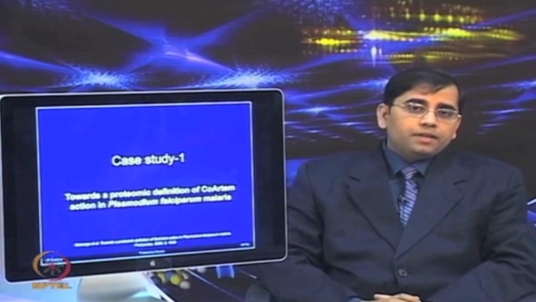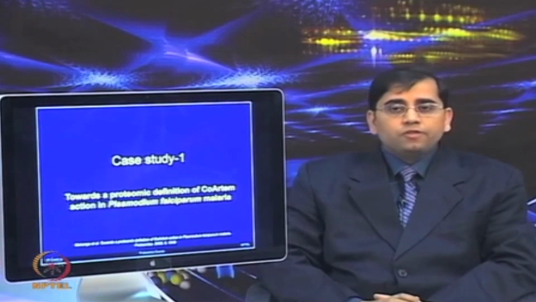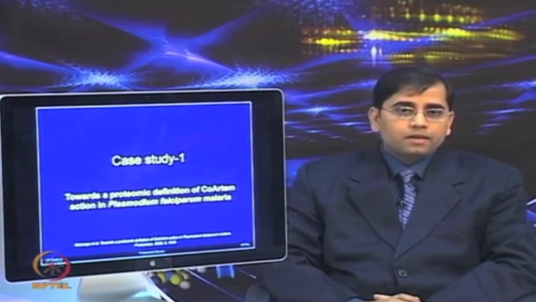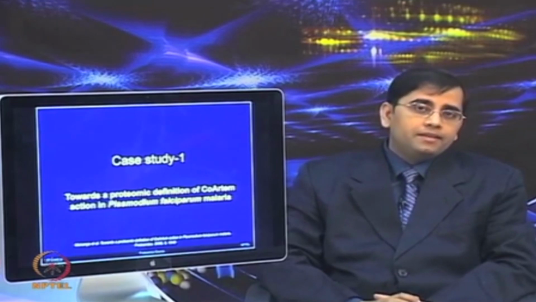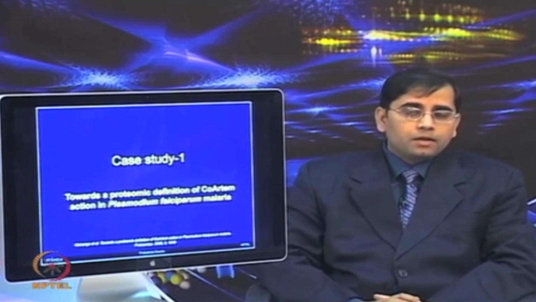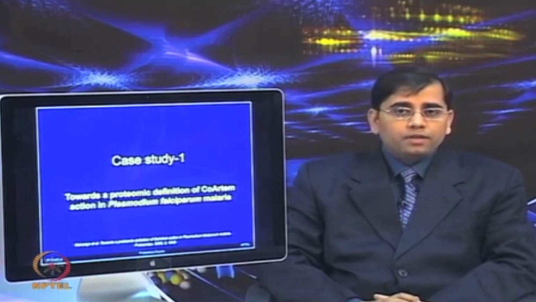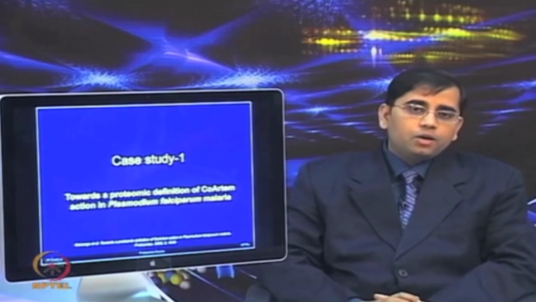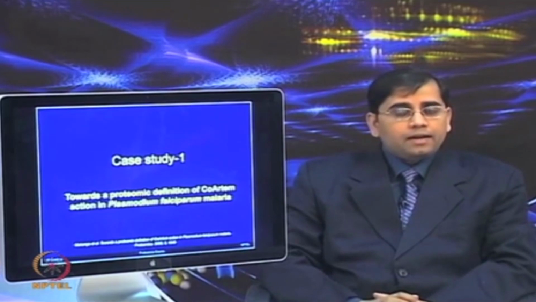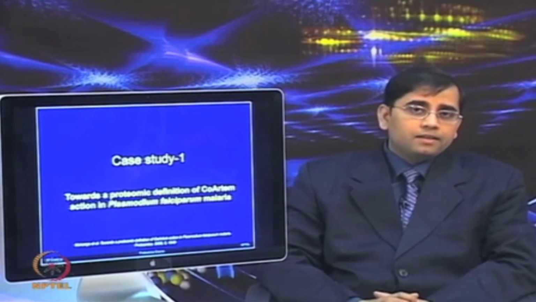So, as you know, each year hundreds of millions of new malaria infection cases result in over 1 million deaths worldwide. But due to the lack of an effective vaccine and widespread resistance to the anti-malarial drugs, still a lot of deaths are happening, and the malaria problem is still posing challenges for its control.